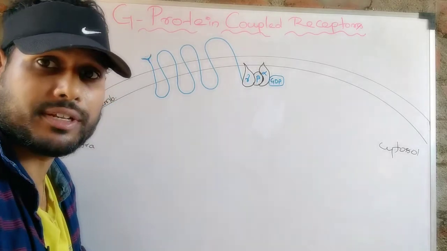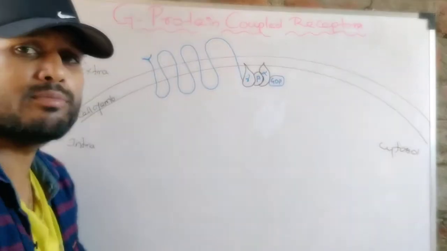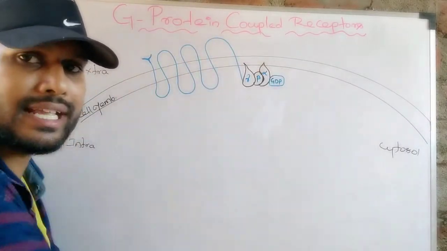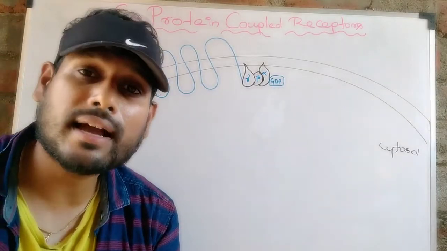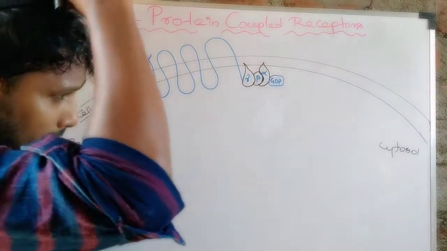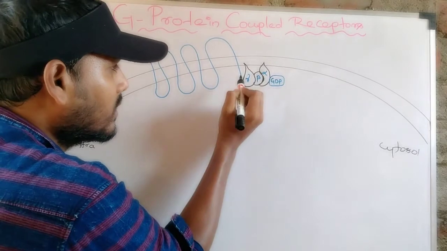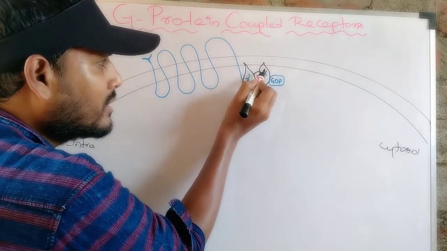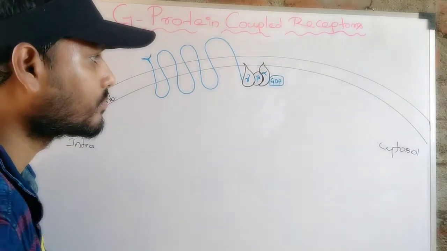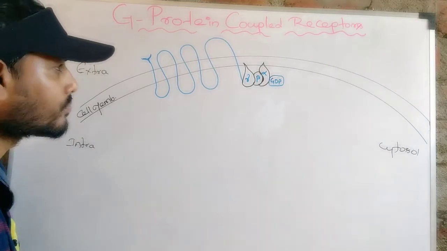That's why these subunits combined are known as the G protein. This is a coupled type of receptor, which is why it is named G protein coupled receptor. The tips of gamma and alpha subunits are attached to the cell membrane.